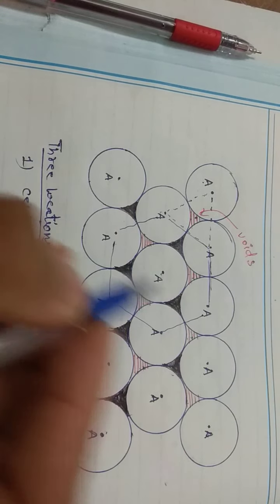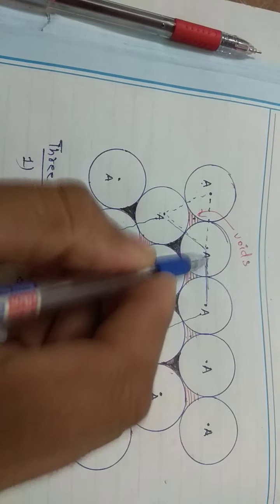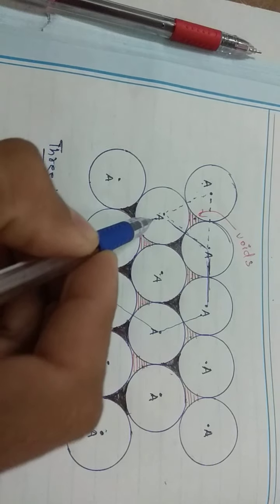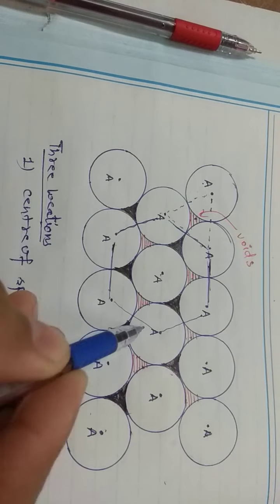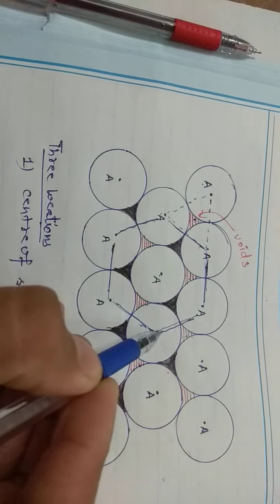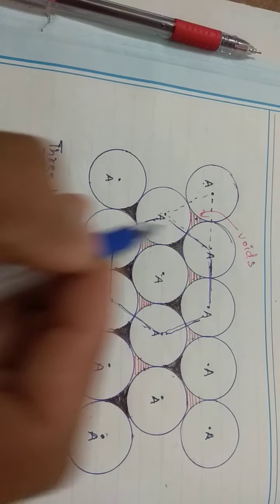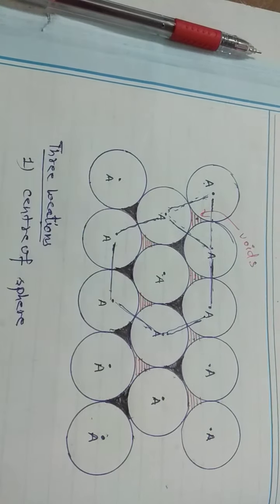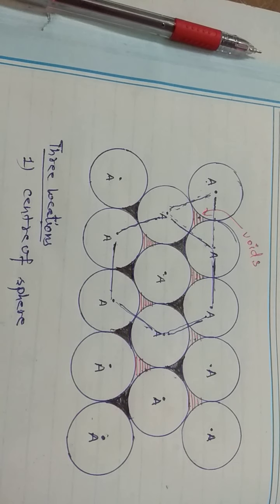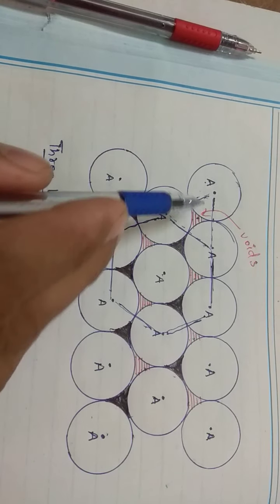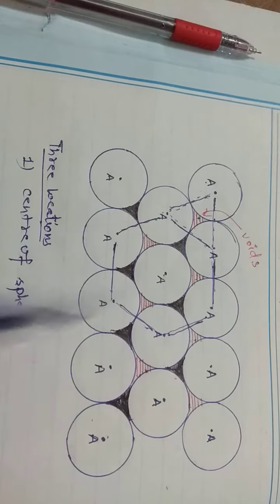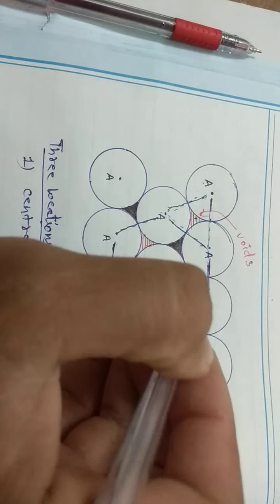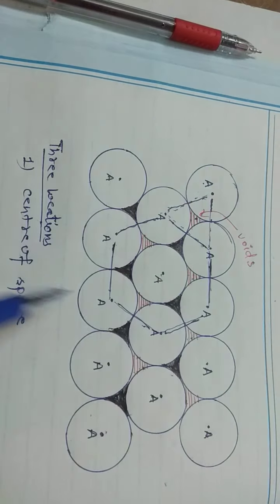Okay, so class, we are taking the idea from the 2-dimensional arrangement of disk. So class, this is a triangular arrangement of the spheres where the centers of the sphere are on the corner of the equilateral triangle.